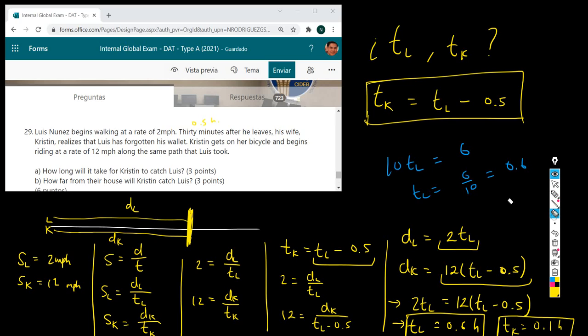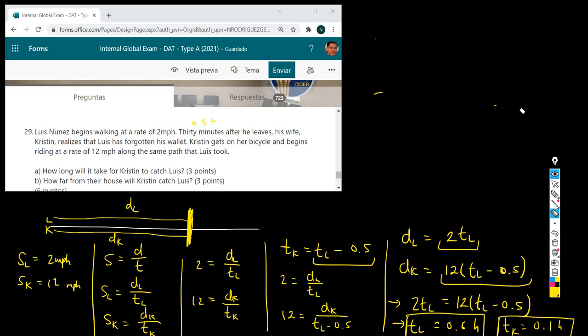And then finally, basically all you have to do next is, for solving this one, how far from their house will Kristen catch Luis? Well, take the time that Kristen spent writing, which is 0.1 hours, and put it in here, right here, okay?